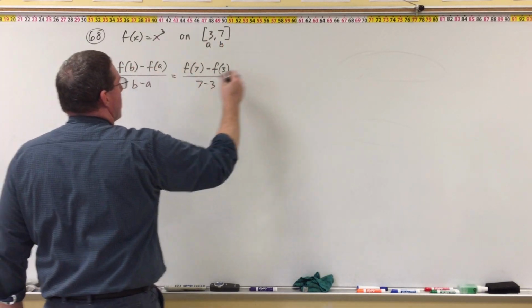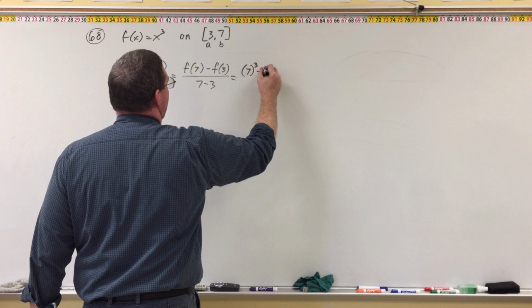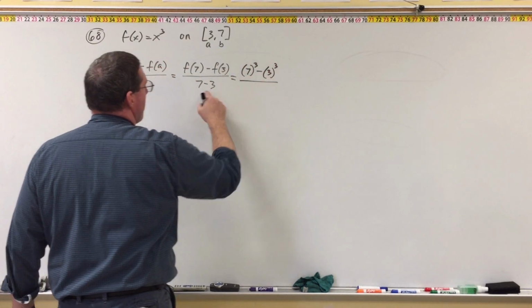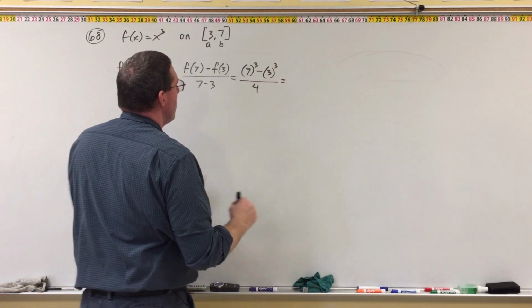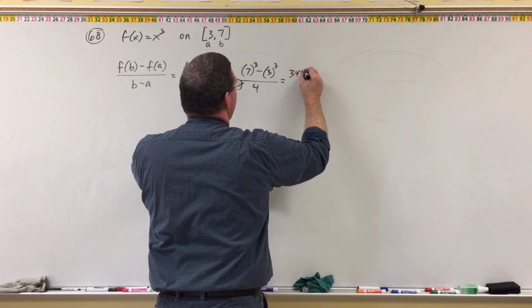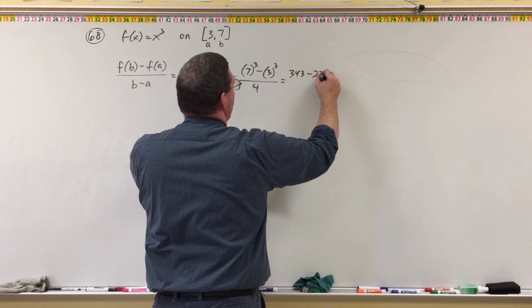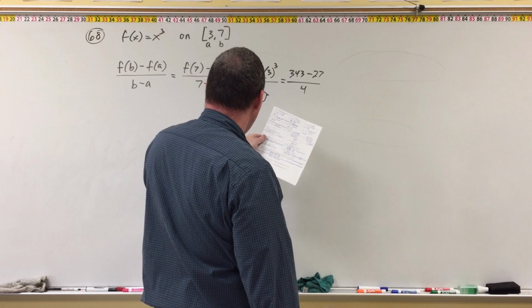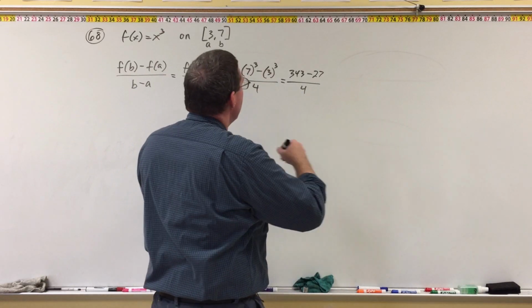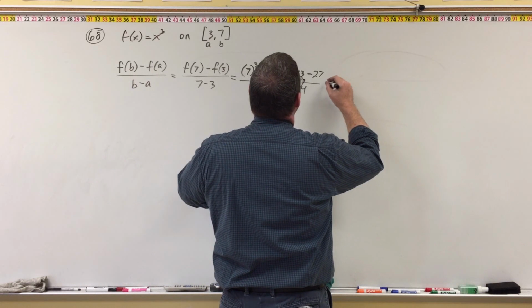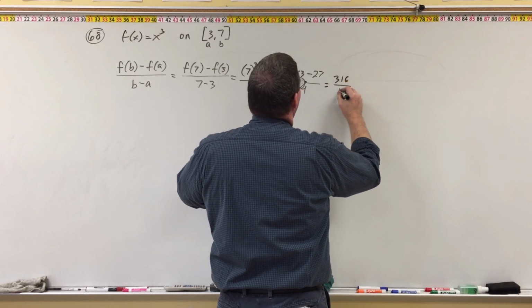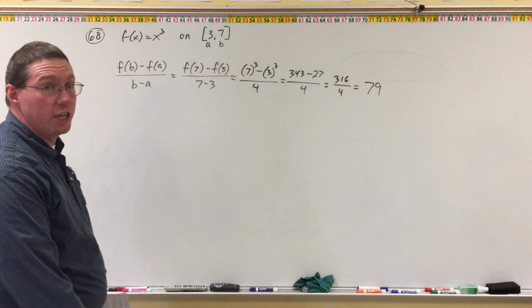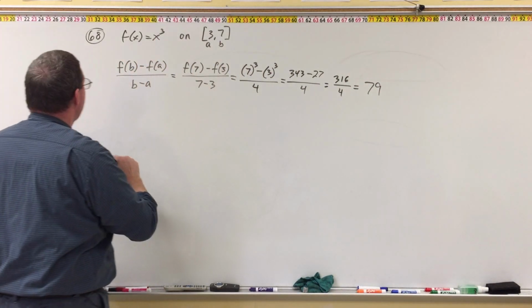Plug 7 in, that's 7 to the third power, minus plug in 3, 3 to the third power, over 7 minus 3 is 4. 7 to the third power, that's 343, minus 3 to the third power, that's 27, over 4. And 343 minus 27 is 316, divided by 4, which is 79. And that is the average rate of change of this function on the interval from 3 to 7.